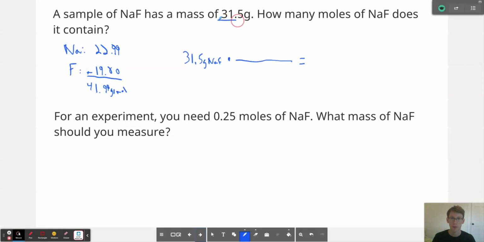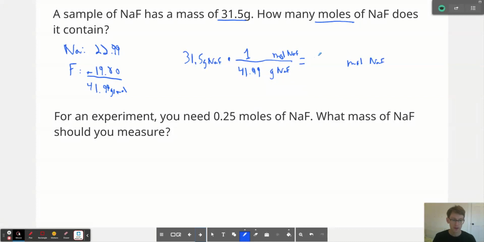So I put moles of NaF on the top, and on the bottom, I'm going to put grams of NaF. I know that 1 mole of sodium fluoride has a mass of 41.99 grams because I did it over here.